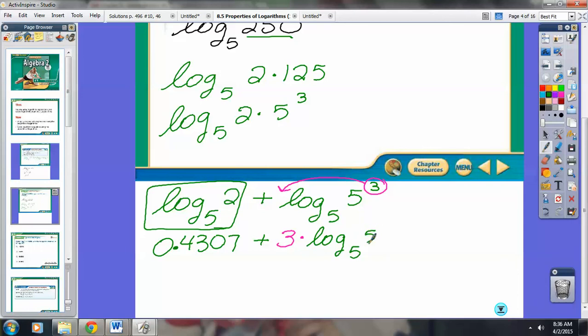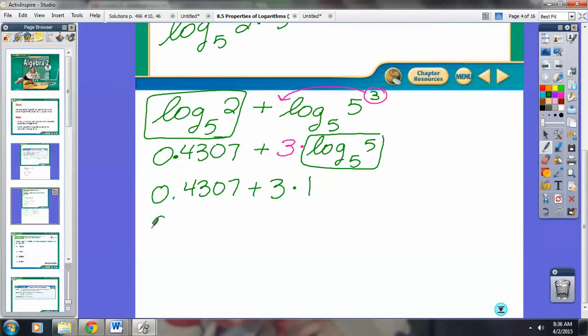So I have 0.4307 plus 3 times 1. Well, 3 times 1 is 3, and if we add them, we have 3.4307.